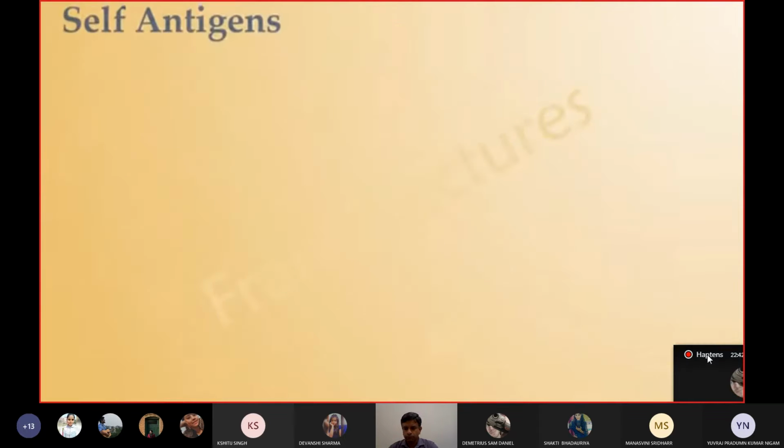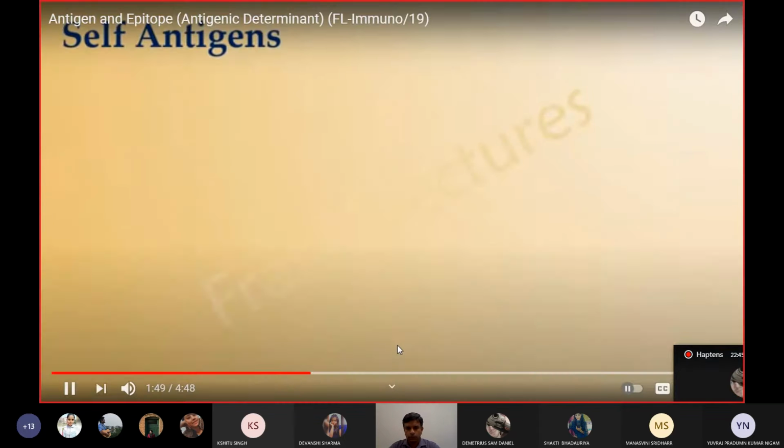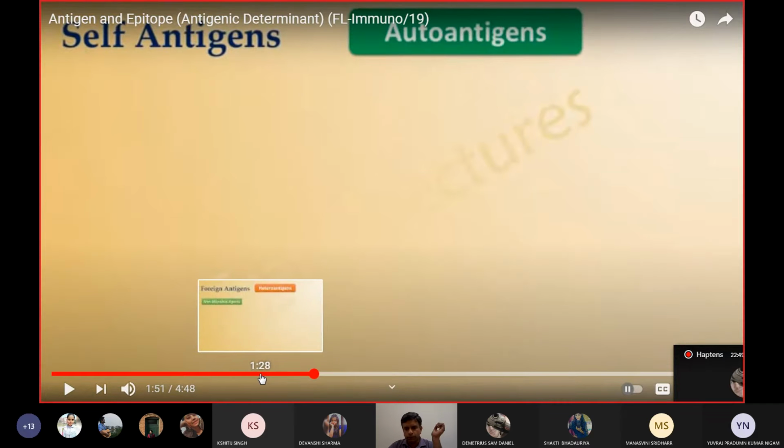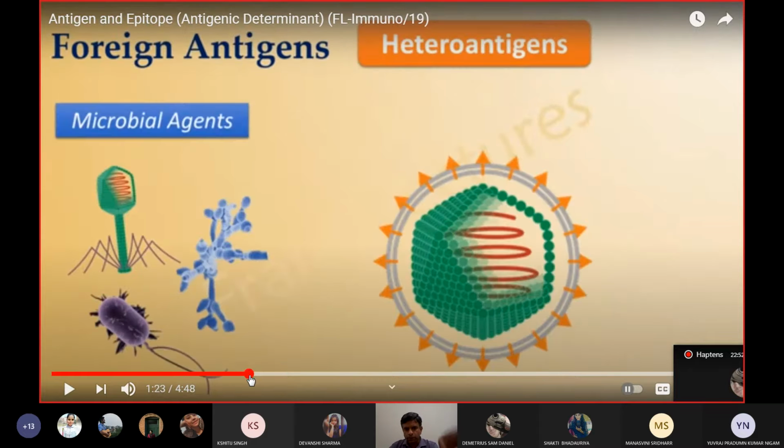Okay, students. So is this clear? When we talk about antigens, it could be the microbial antigens. And when we talk about microbes, suppose not the whole bacteria or virus is entering, it could be even some part of that organism, because we actually just need a specific protein.